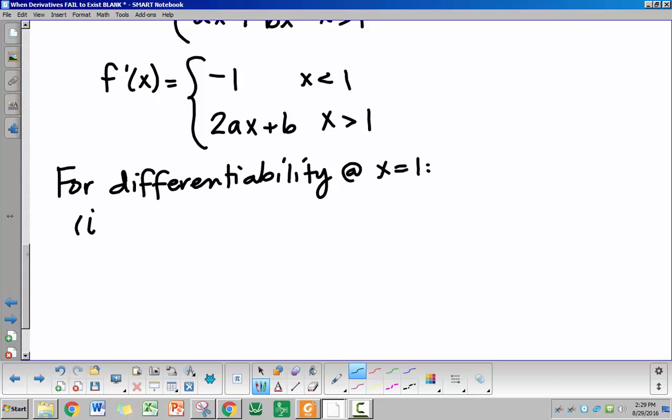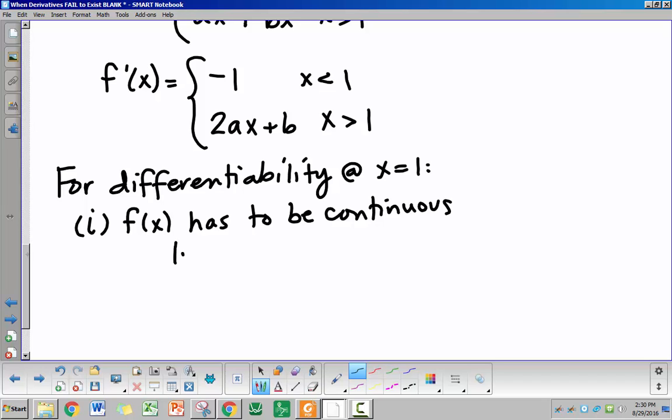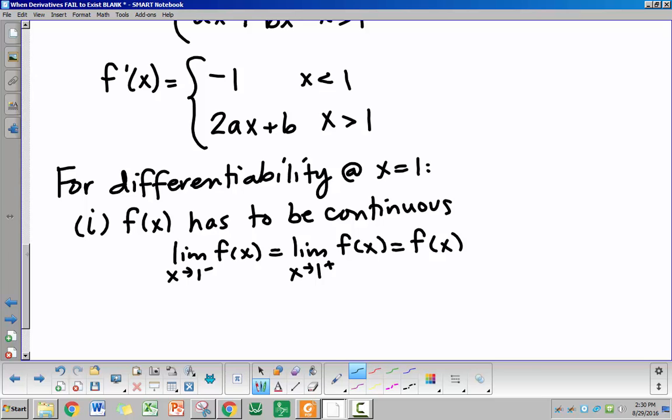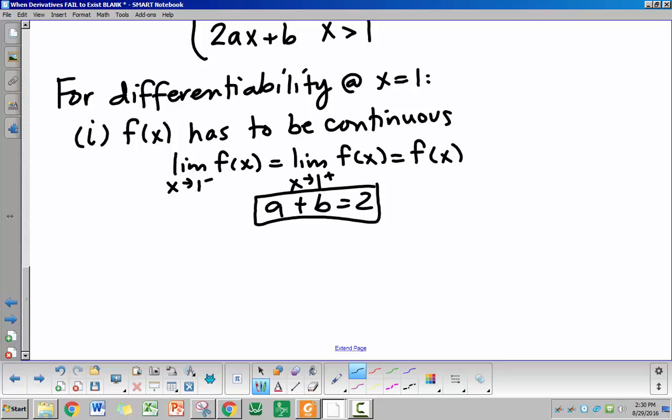So we know that f of x has to be continuous, which means the limit as x approaches 1 from the left of f of x has to equal the limit as x approaches 1 from the right of f of x, which has to equal f of 1. Did we figure out in part B what values made that true? So we know that a plus b equals 2 will make that true, right? What else has to be true for differentiability?